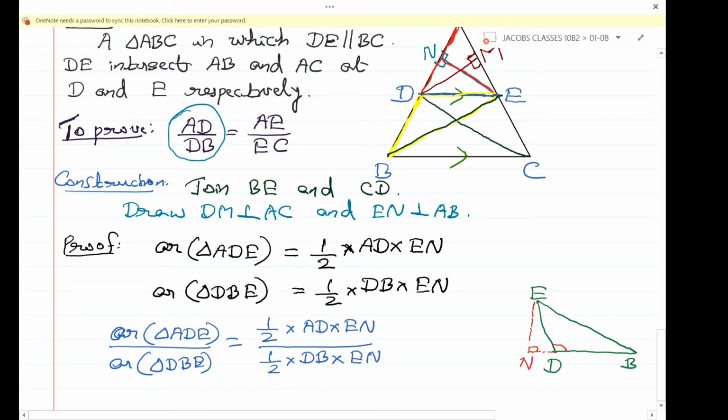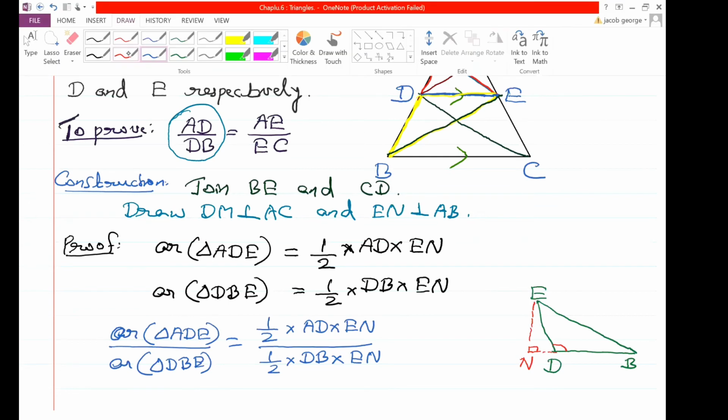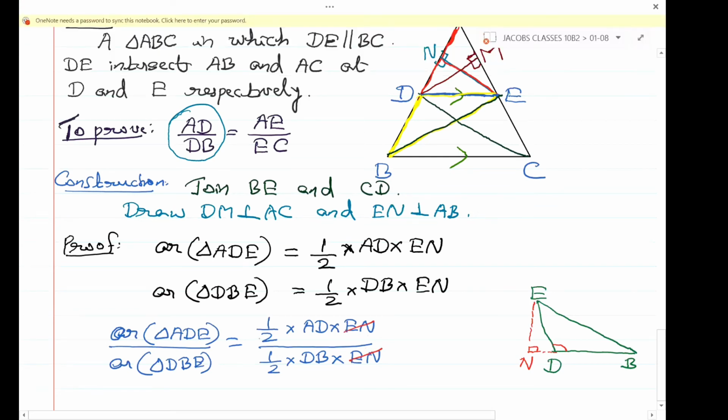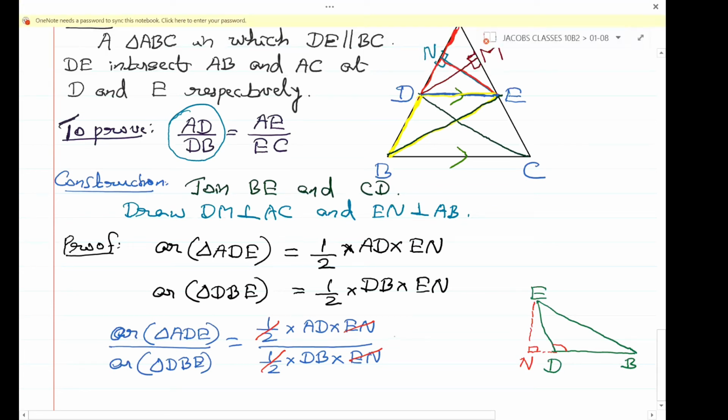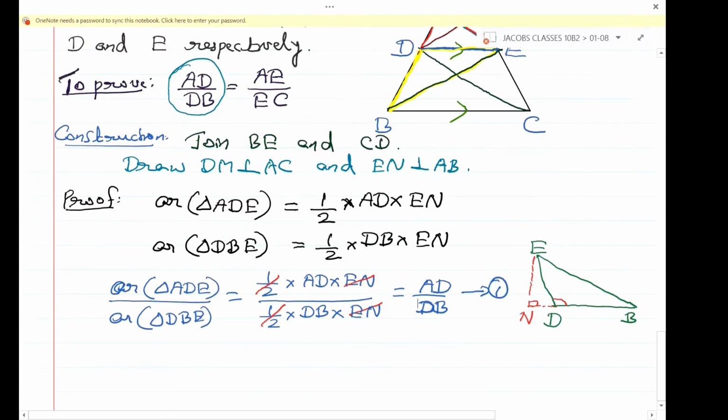So we can cancel out EN. This EN will go and we'll cut this half, and then we'll get the remaining part AD by DB. We wanted to get this, that is the reason we did this process. AD by DB, and we will keep this as equation number 1. This is required for the further calculation.